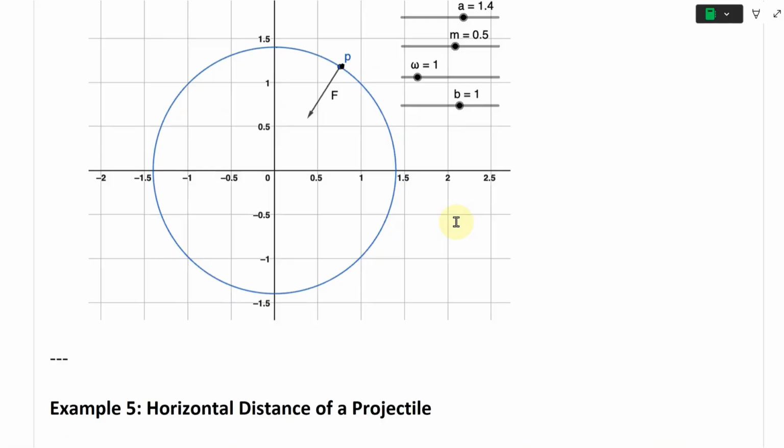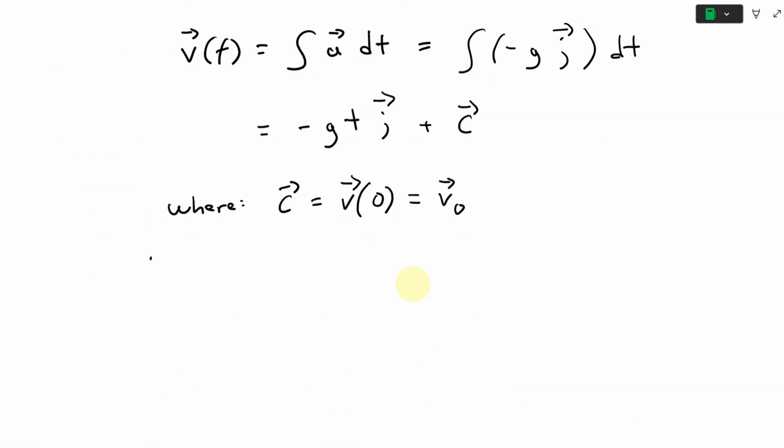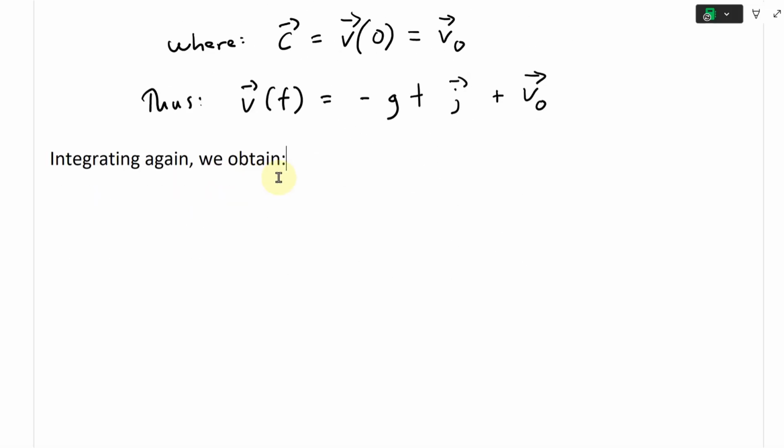All right, let's continue further. Let's go back here. So thus, what we have is v of t equals negative g t j plus v naught vector. Now integrating again, we can get the position vector.